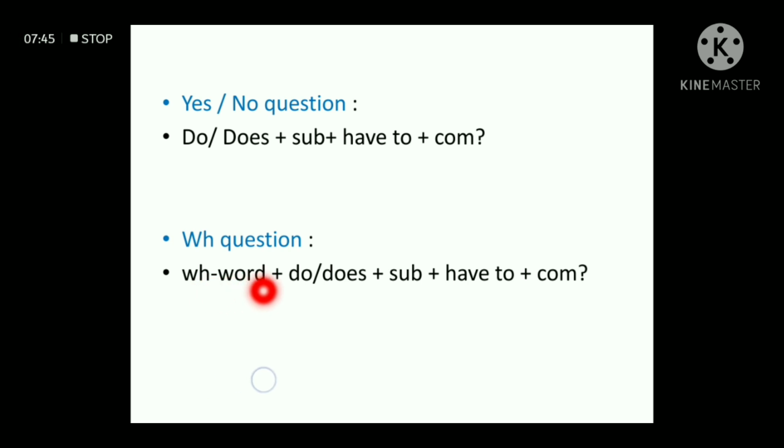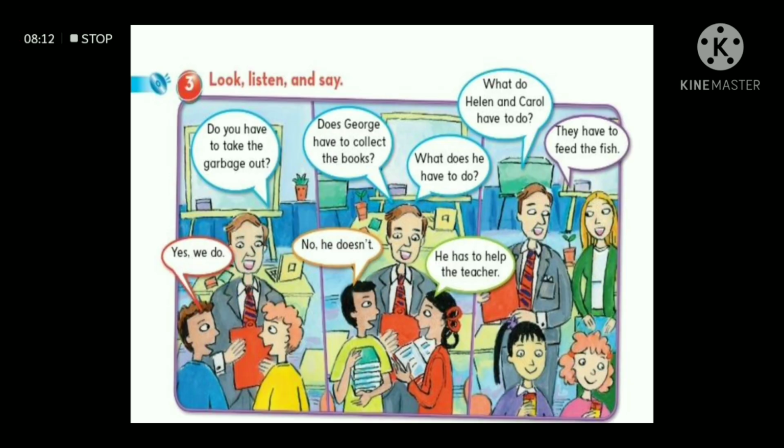WH words يا رابع حكينا عنهم اللي هم what, when, where, why. We call them WH words because they start with WH. Okay? So السؤال راح يتكون من WH word plus do or does plus subject plus have to plus complement اللي هي تكملة الجملة. Let's go back to the exercise.